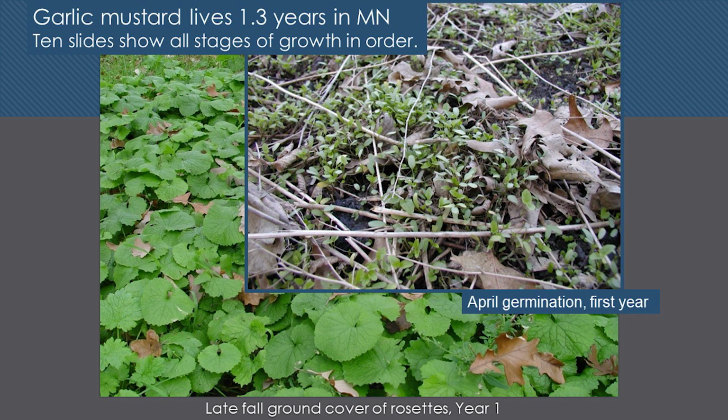It can be a complete ground cover if there's a lot of seed at the end of the first year. But you don't worry about those because they're not producing seed. So garlic mustard lives 1.3 years in Minnesota, from the time it germinates until it flowers next year and drops seed. It's usually dead by July. All right?